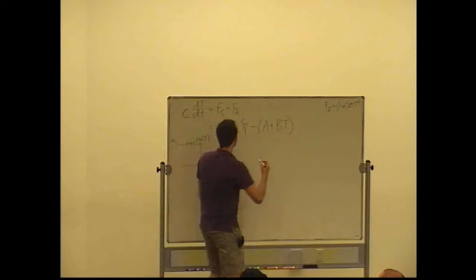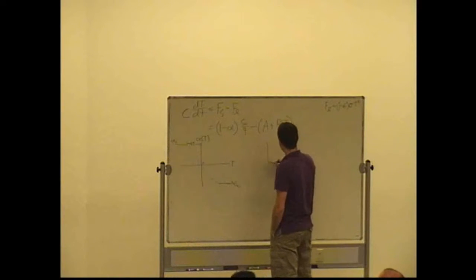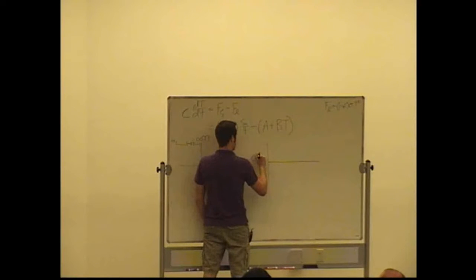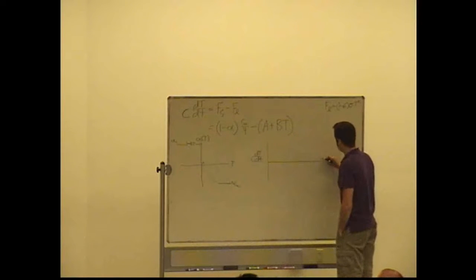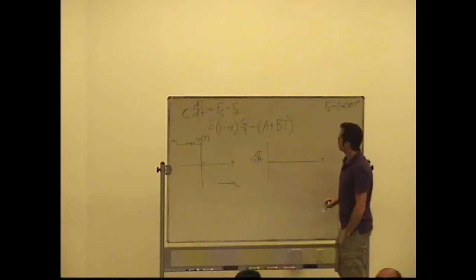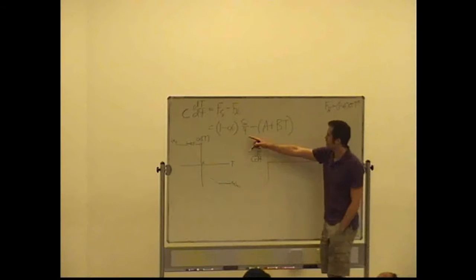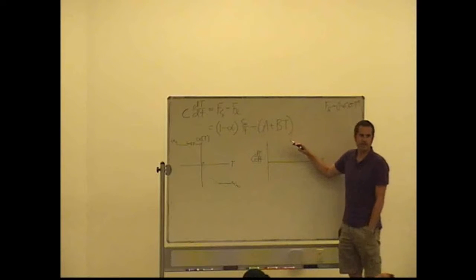So first, let's just do a plot, a phase diagram. So let's see how dT/dt behaves as a function of temperature. For anywhere where there's a constant albedo, this is just a decreasing function of temperature.